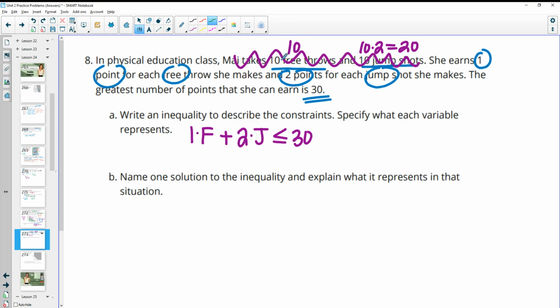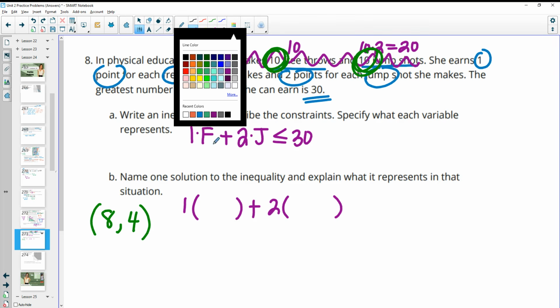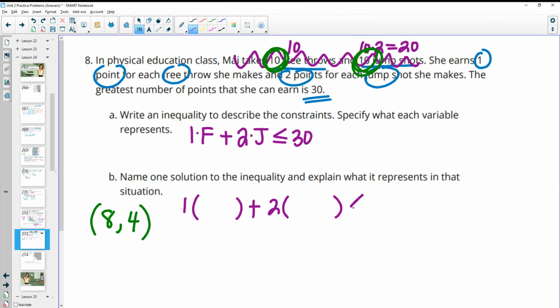So now here's where you would pick numbers less than 10 for both of these, right? So I'm just going to say, let's say for the free throws, she makes 8 of them, and for the jump shots, she makes 4. So then the points that she would make would be 1 per free throw and 2 per jump shot. And then that's going to be less than or equal to the 30.